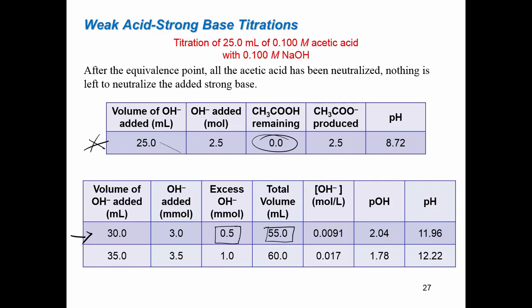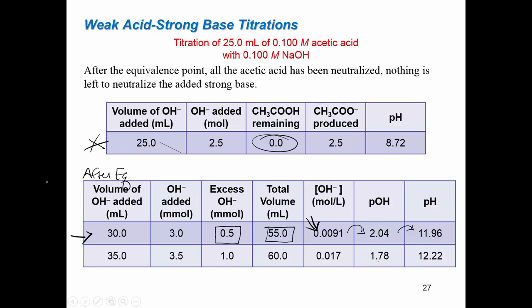That's what we're going to be using to calculate the concentration of hydroxide. And then from the concentration of the hydroxide, you can calculate the pOH, consequently the pH. Again, this is after the equivalence point.